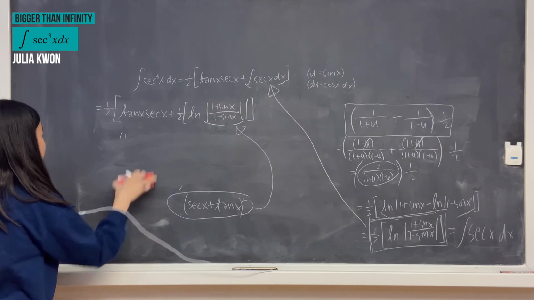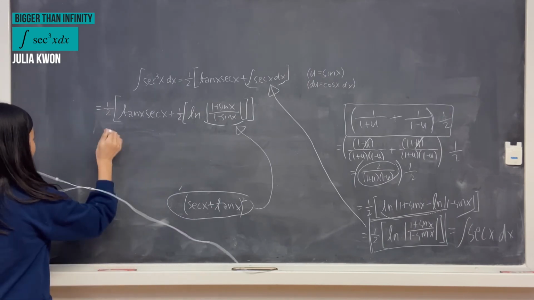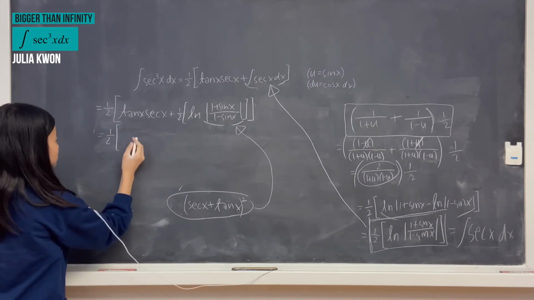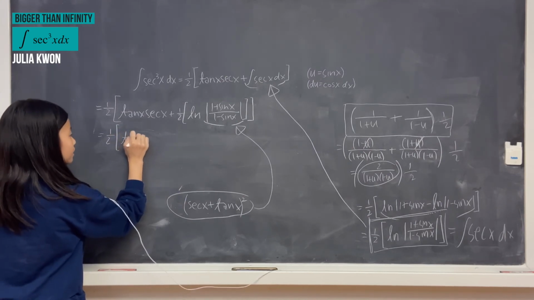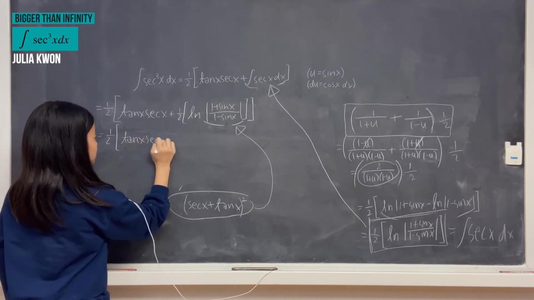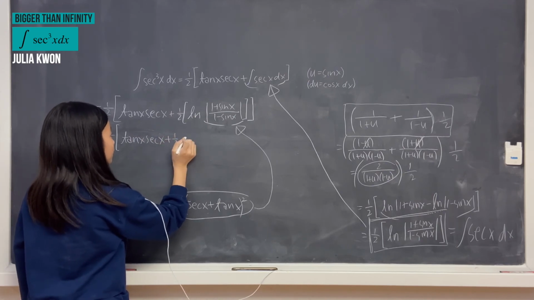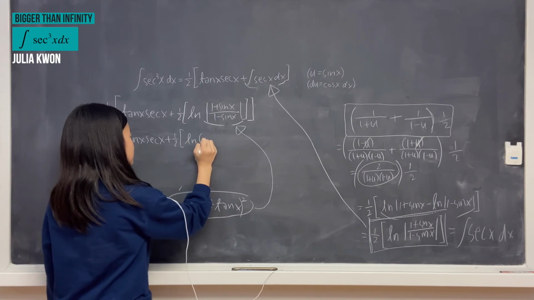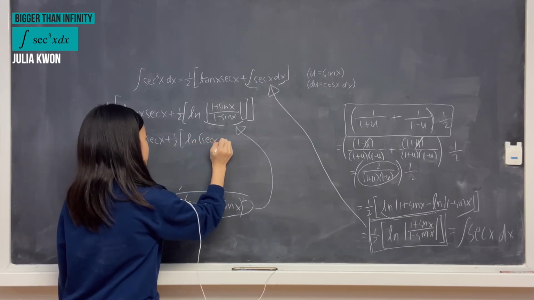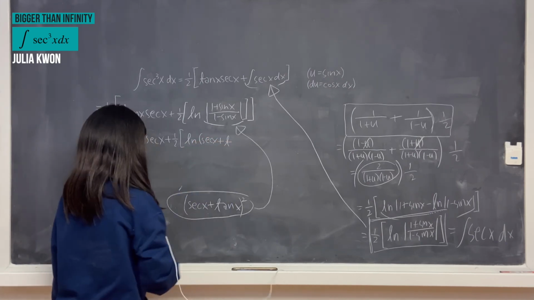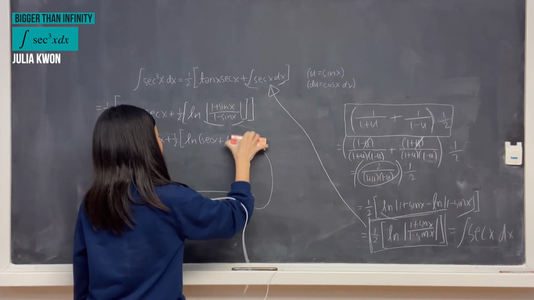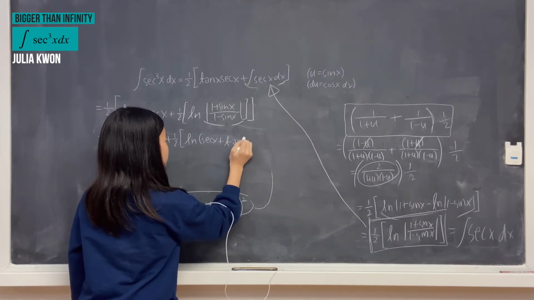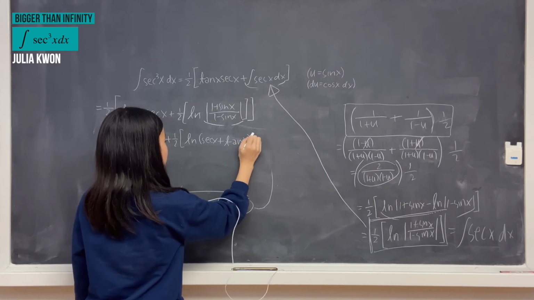So now we have 1/2 times tangent x times secant x plus 1/2 times ln of (secant x plus tangent x) squared.